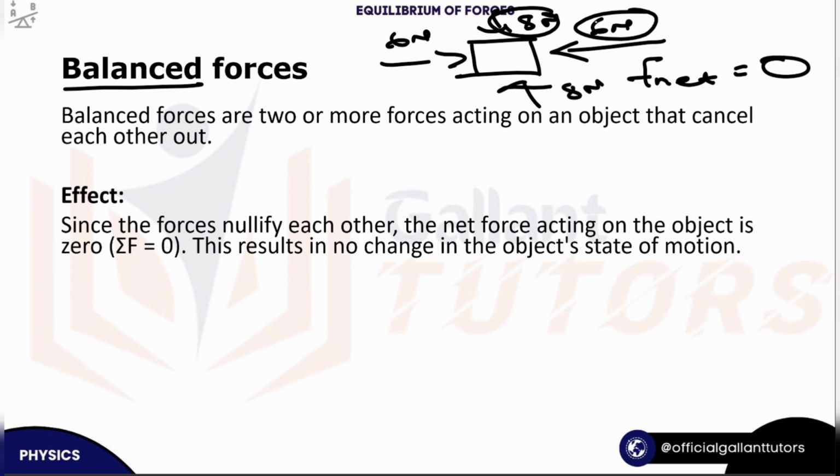Balanced forces is achieved. This net force, which I can also say is summation F, that is the combination of all forces acting on that particular object, is equal to 0. So if such a thing happens, do you expect this box to move? Definitely not. It will continue to be in a state of rest. Is that clear? All right.